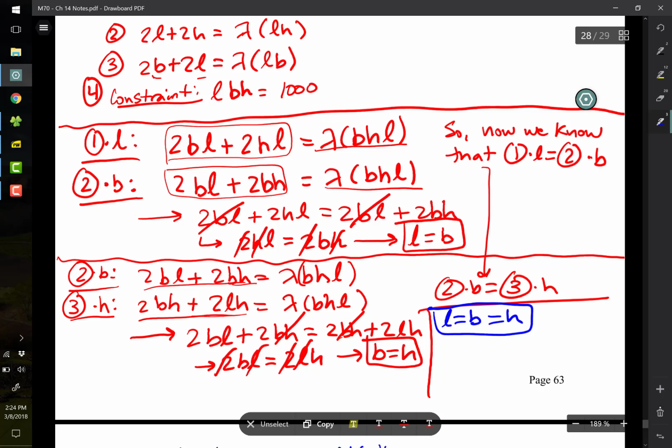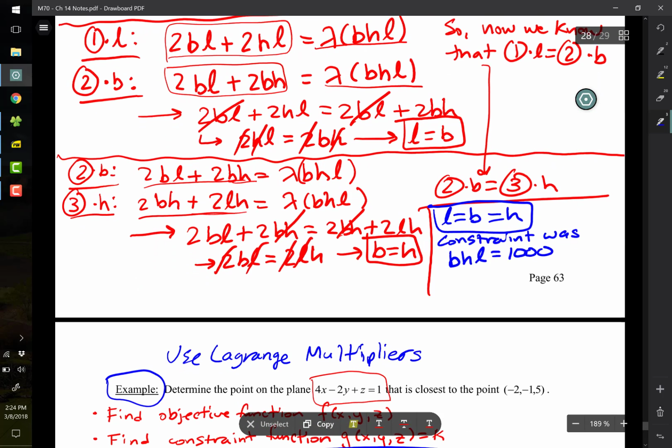And so we can plug that into the constraint. The constraint was B times H times L is equal to 1,000. Since they're all equal, it's like L times L times L is equal to 1,000. And so that tells me that L is equal to 10 centimeters.